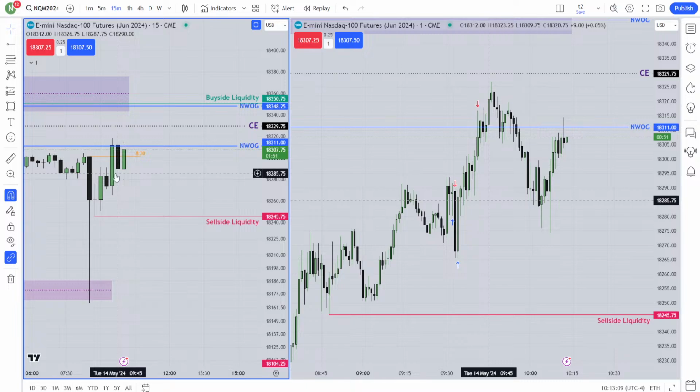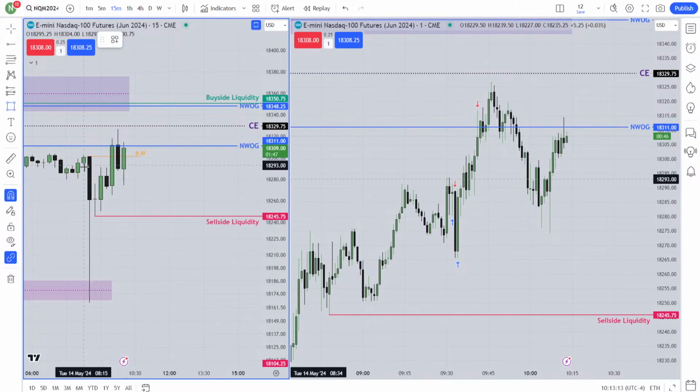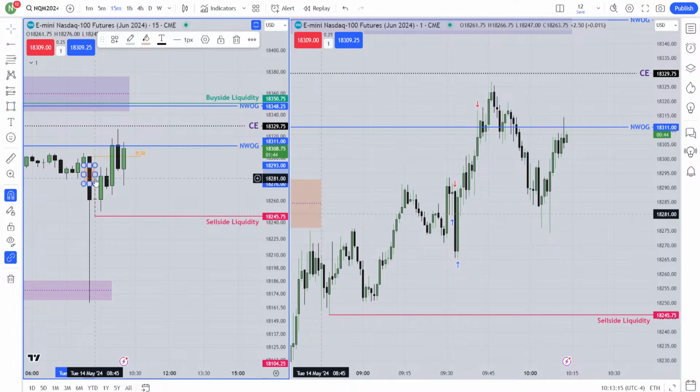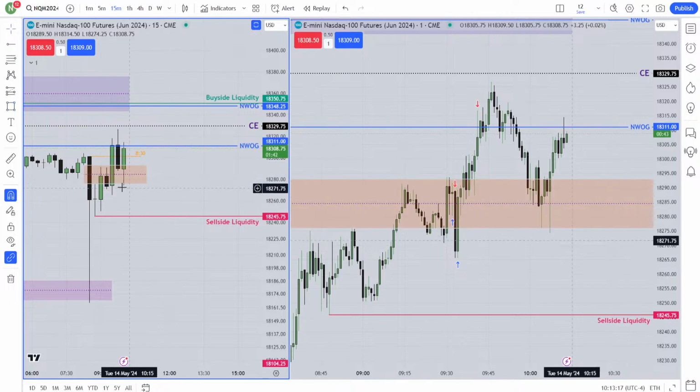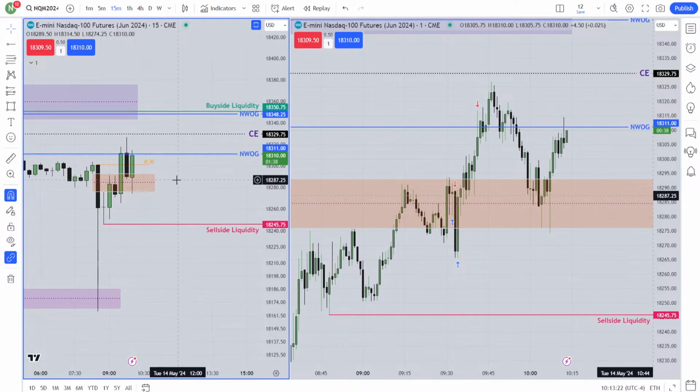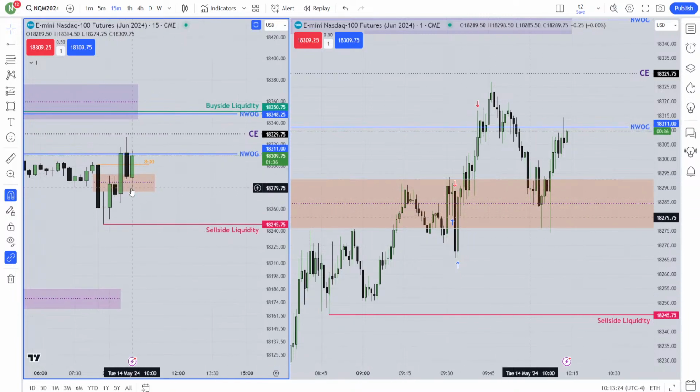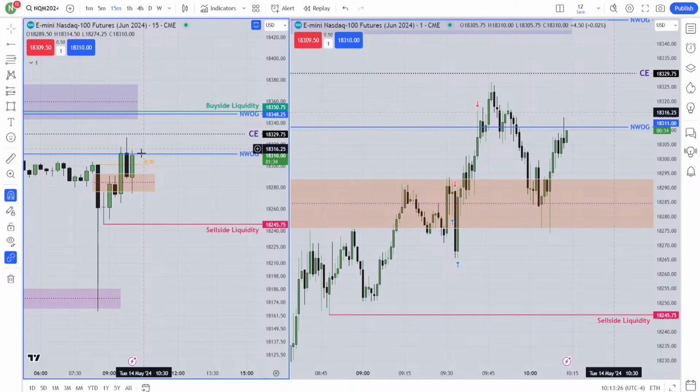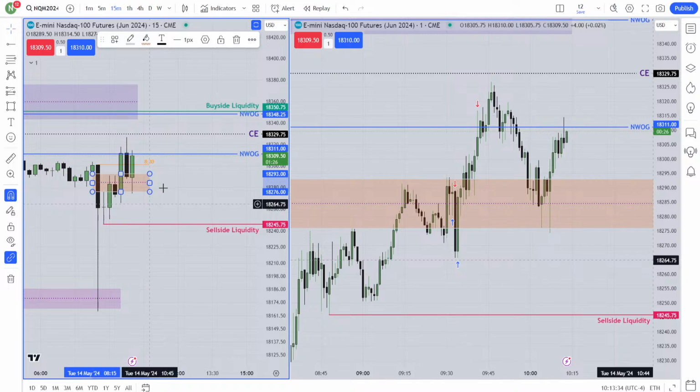So let me mark it. Thank you, brother, for telling me that. You can say it's working perfectly. I agree with you, it is working perfectly, but I'm not interested in marking this one as an inversion fair value gap because it didn't meet the rules.